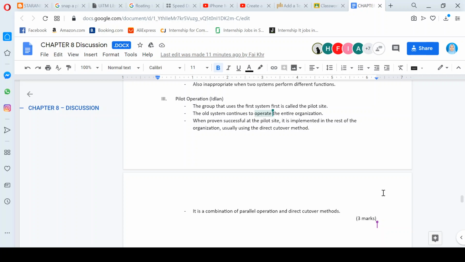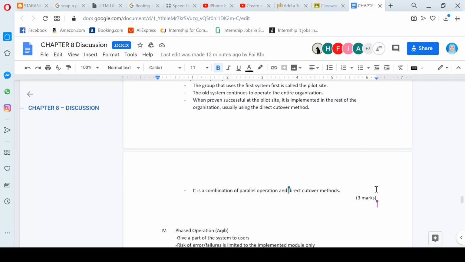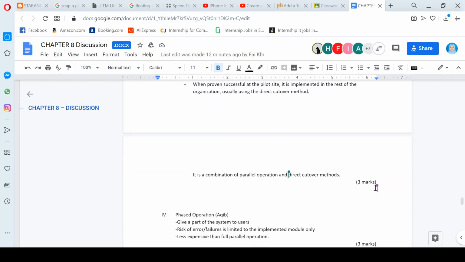Okay, so when proven successful at the pilot site, it is implemented in the rest of the organisation. Usually they will implement the direct cutover. So dekat sini bila semua dah okay, dia akan direct gunakan cutover method. Okay, so point yang terakhir, okay class, remember pilot operation is a combination of a parallel operation and also direct cutover method.